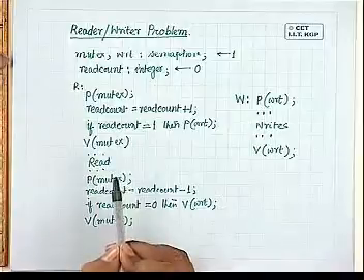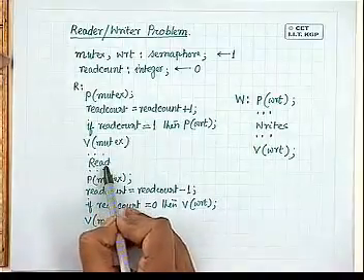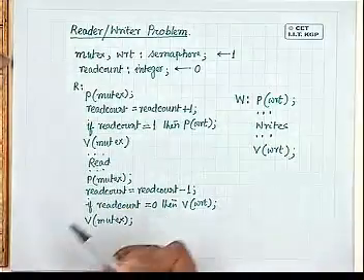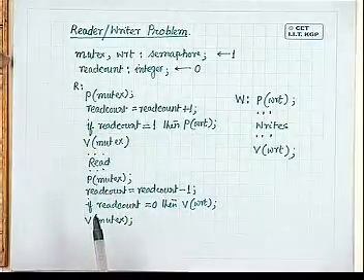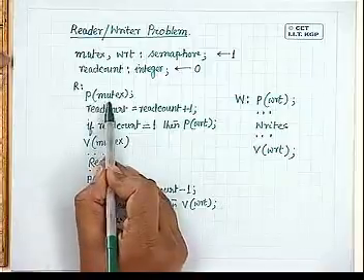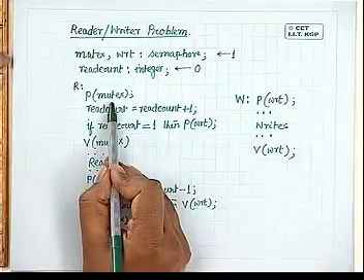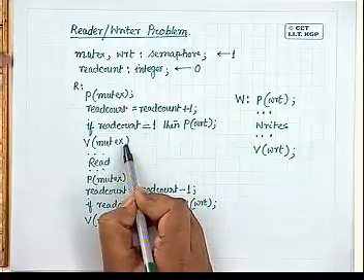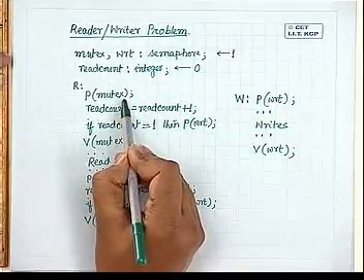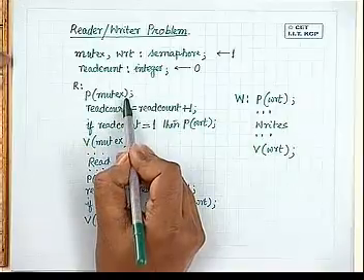In the meantime, while this first process is reading the content of the file, if there is a second reader process who also wants to read the content of the file, the second reader process will perform this P mutex operation. Because the first process has already executed V mutex, P mutex for the second process will also be successful.